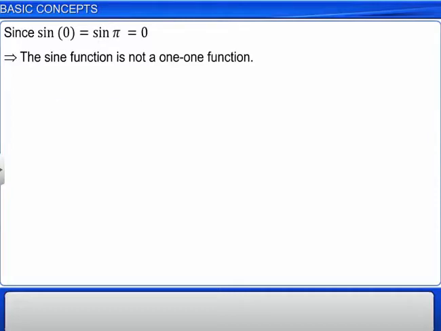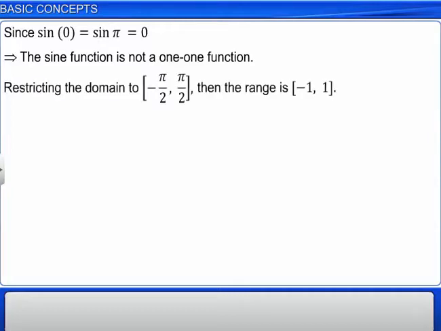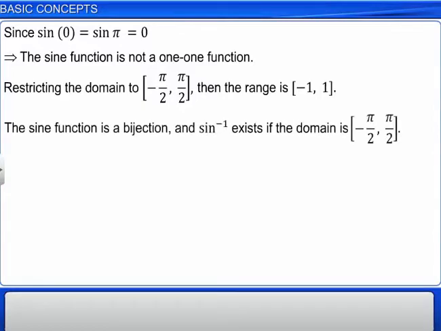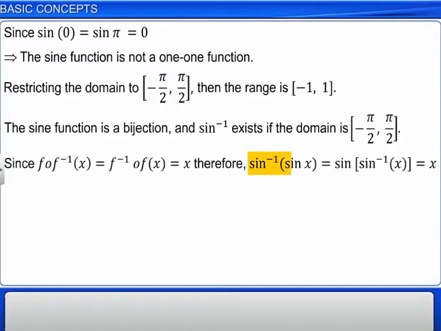On restricting the domain to -pi upon 2 to pi upon 2, the sine function becomes 1-1 and onto with its range as closed interval -1, 1. In such a situation, the sine function is a bijection, and therefore its inverse exists. Sine inverse of sine of x is equal to sine of sine inverse of x, which is equal to x.